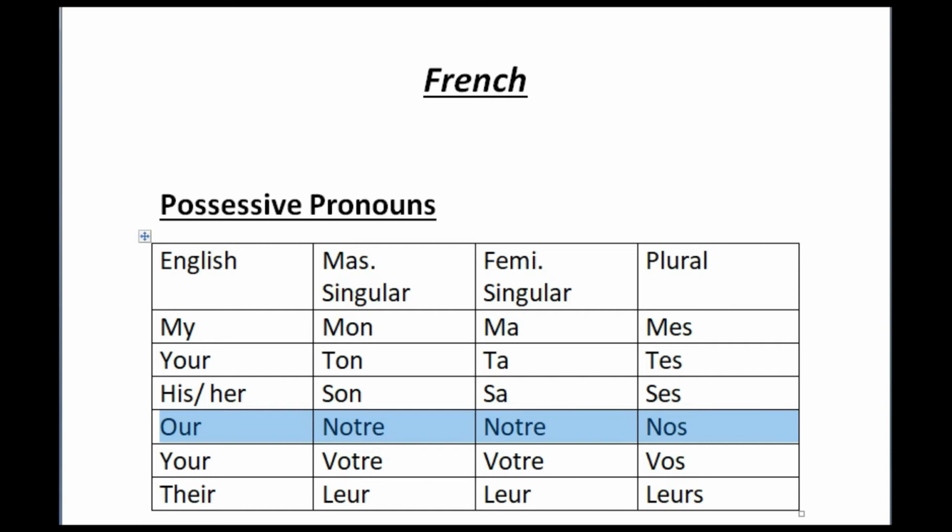Next is your. If we are saying your formally, this is different from ta and tes, which were your informally. When we are saying your formally, or to someone elder, it would be either votre or vos.